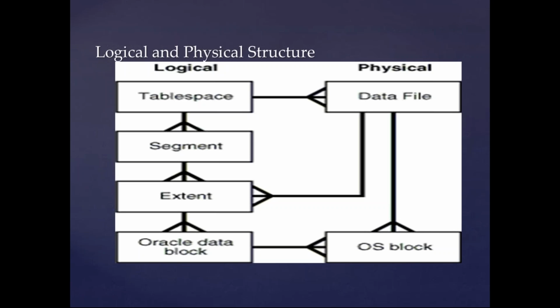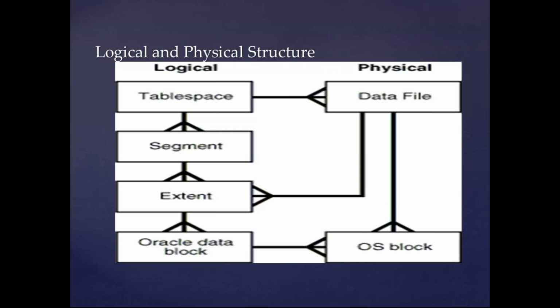Okay, so now let us move to the structure of the database. You understand the physical side, we have data files, and physically we have files. Now logically, how are these files organized? Data files depend on operating system blocks, right? Data files are divided into operating system blocks.